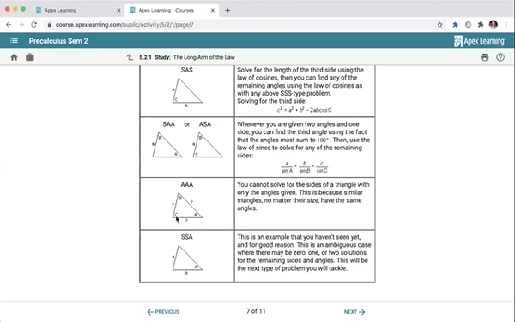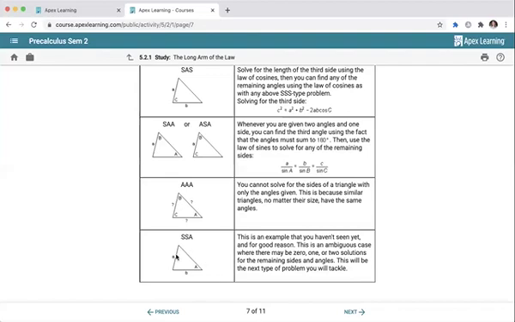Since it has an angle, angle, angle measurement, whatever one side is will dictate the other two sides. It's going to work for multiple answers, because the point of similar triangles is that they have the same angles and the same ratios of lengths, dependent on your major length. So that one's a little bit difficult to solve.